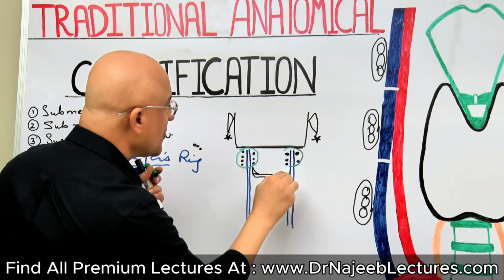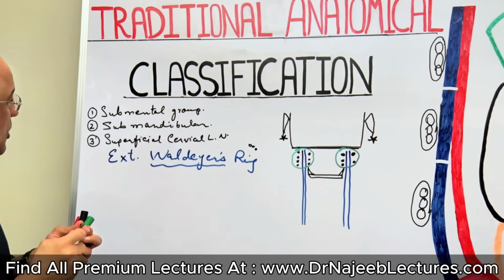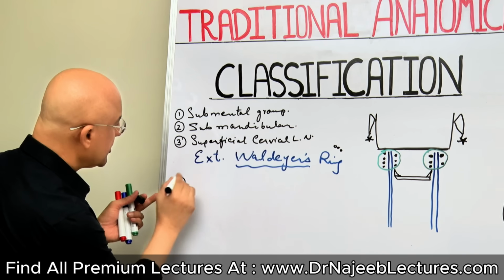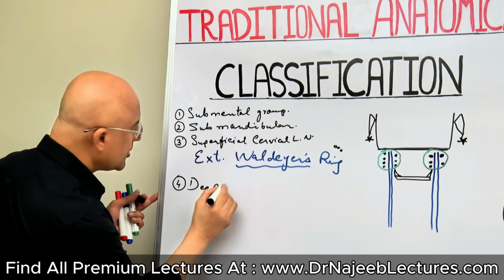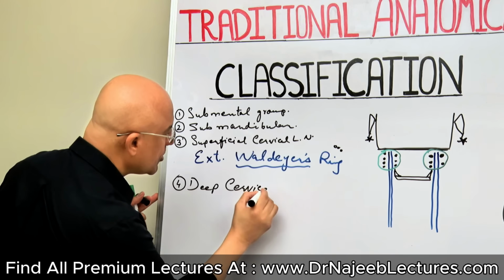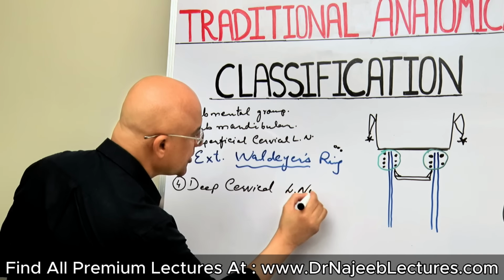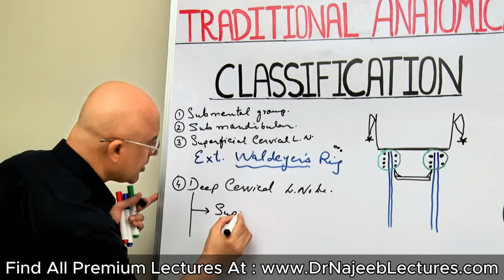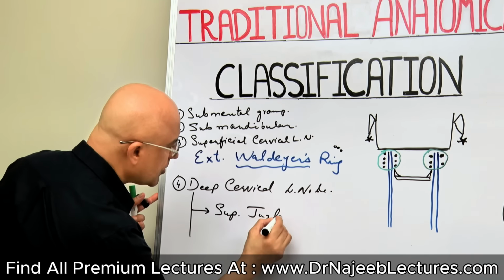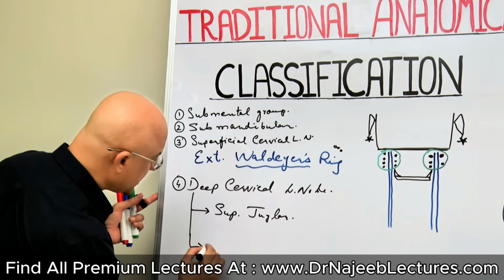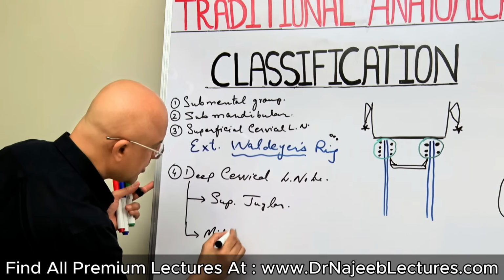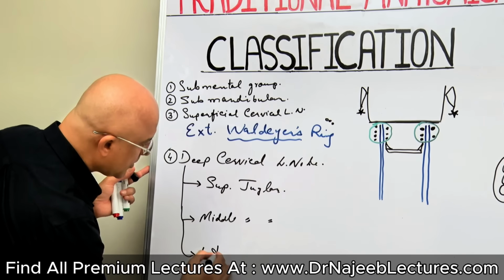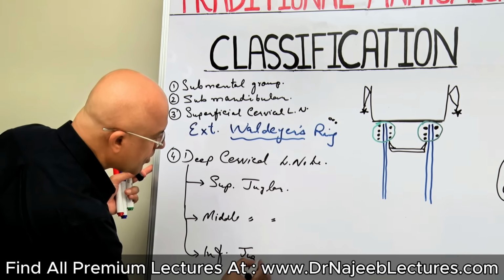Yes. Right. So now we can say, when we talk about deep cervical lymph nodes, we have divided it into superior jugular lymph nodes, middle jugular lymph nodes, and inferior jugular lymph nodes.